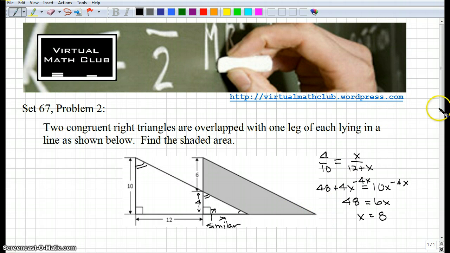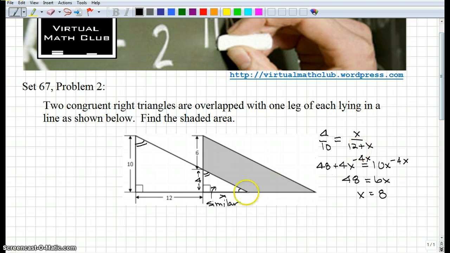So, let me scroll down just a little bit to give us some more room. The area of this triangle here is the same as the area of this triangle here. So it's going to be 1/2 base of 20 and a height of 10. And then we want the area of the shaded region.